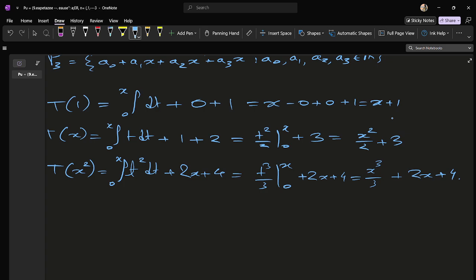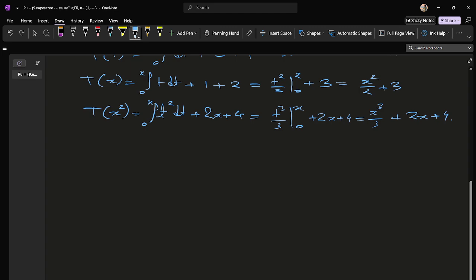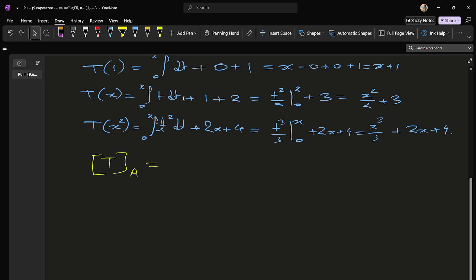Now we have to write the matrix which is associated to T. I want to write it in another color so that it will be easy to visualize. So T of 1 goes to x plus 1.